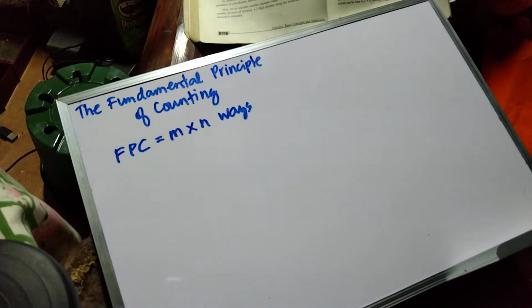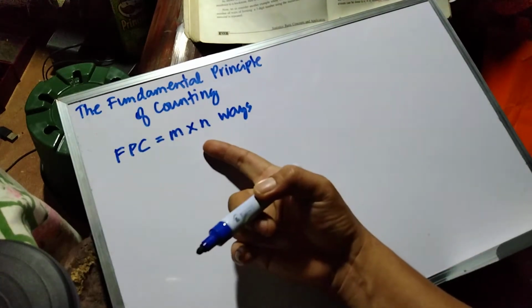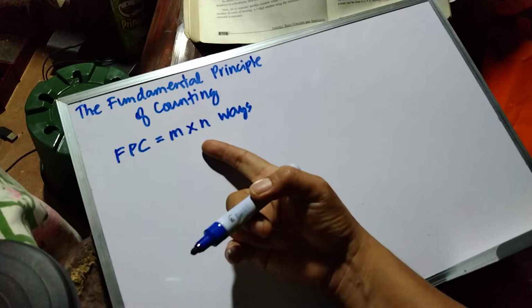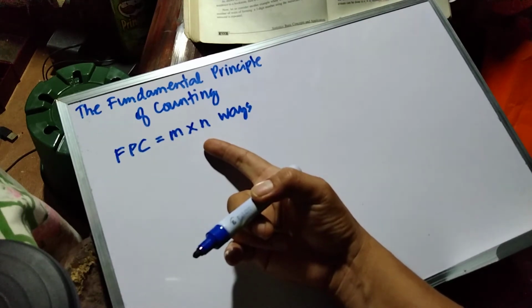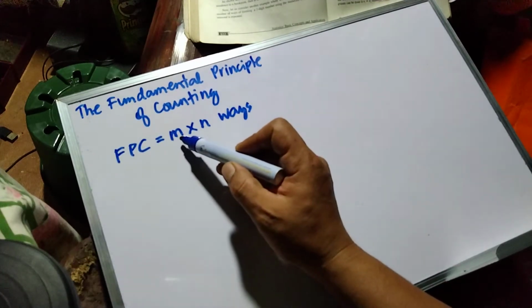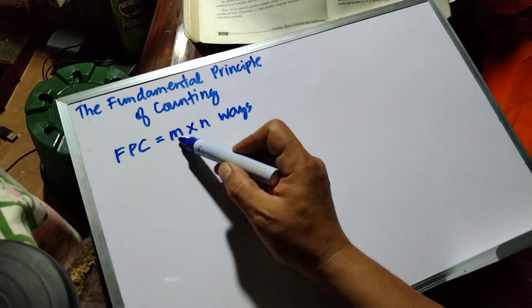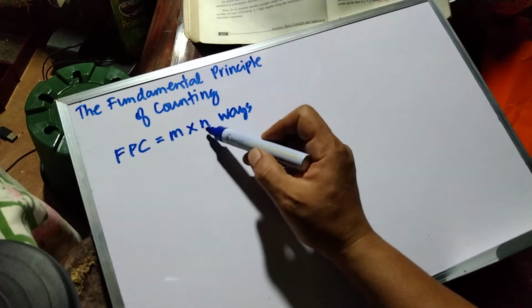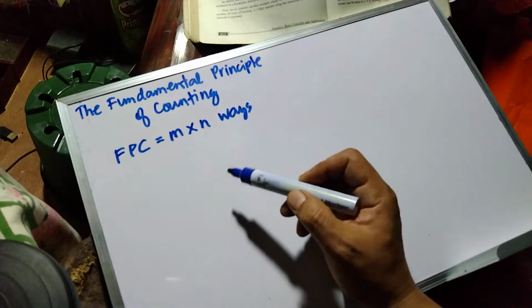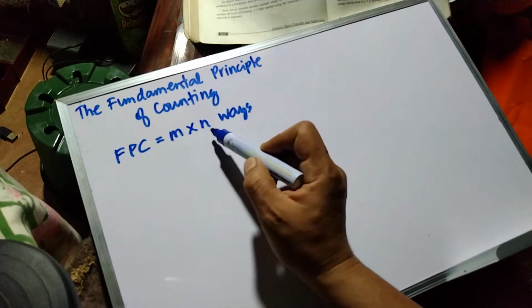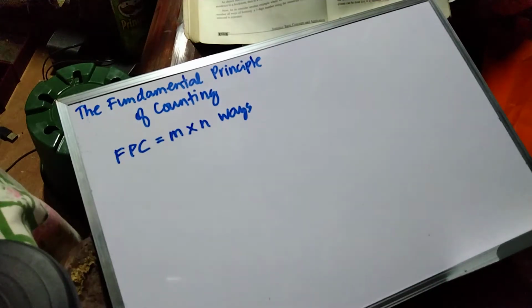And this rule can be extended for any number of events occurring in sequence. We have said that if one event can occur in m ways and the second event can occur in n ways, then the number of ways the two events can occur in sequence is their product, m times n ways. Okay?